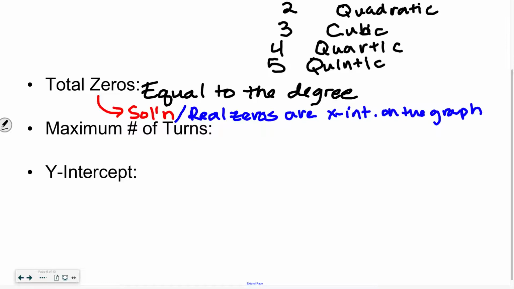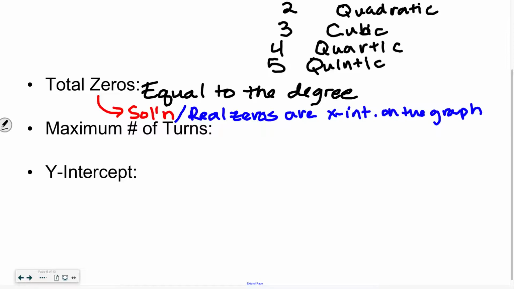So we may have eventually some polynomials that would have imaginary zeros. So you might not be able to count all the zeros on the x-axis, but they still exist. They're just imaginary. That's later in the chapter when we get to that. Okay, but we'll say that today.